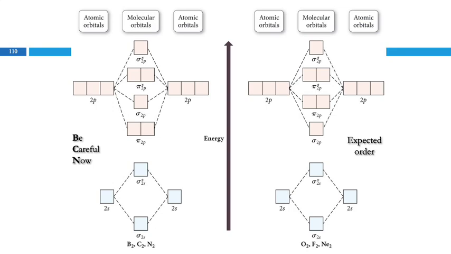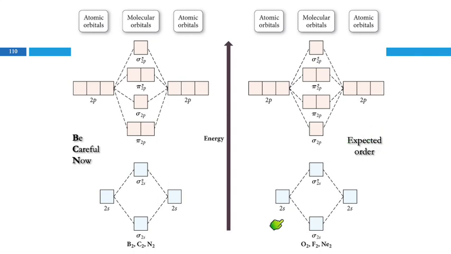So if we draw that out, this is considered the expected order. So I have 3p orbitals here and 3p orbitals here. The ones on the x-axis can overlap end to end and form a sigma orbital and a sigma star orbital. And these are the two that are parallel to each other and overlapping side to side. And so pi orbital and pi star orbital. So this is the expected order.